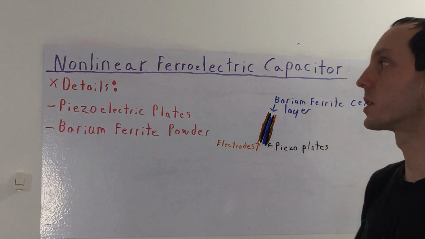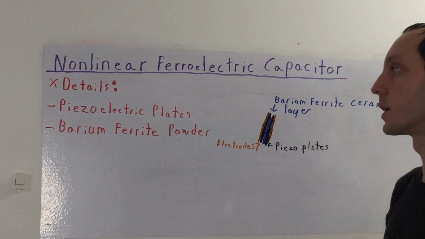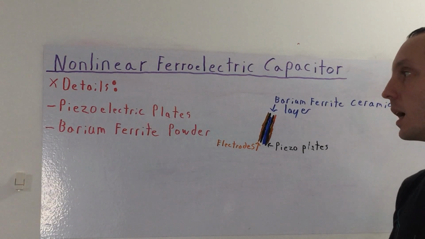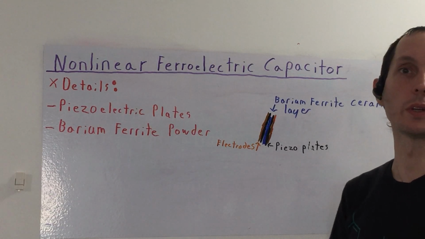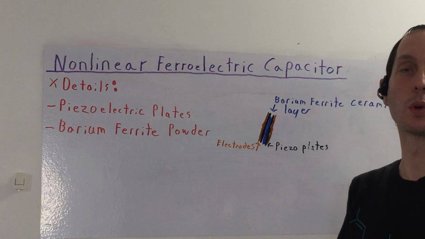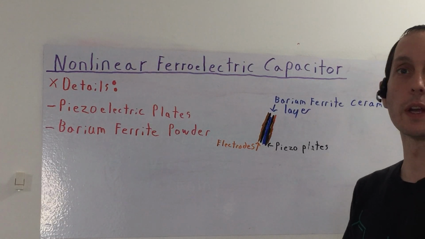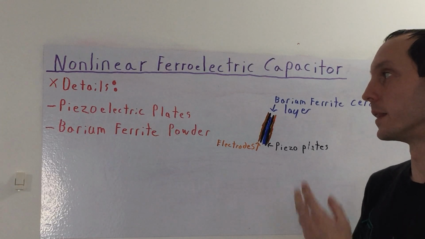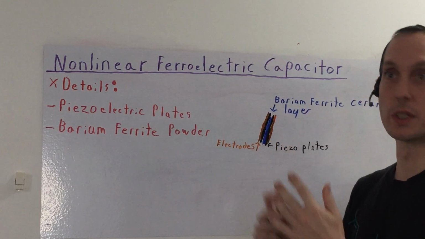All right, folks, here are some details here. So we start with the piezoelectric plates here. These are usually made of materials like quartz or certain ceramics that generate a voltage when mechanical stress is applied, and vice versa.